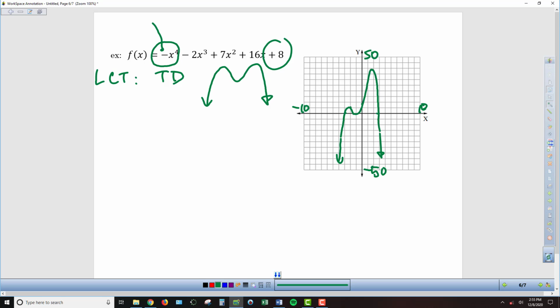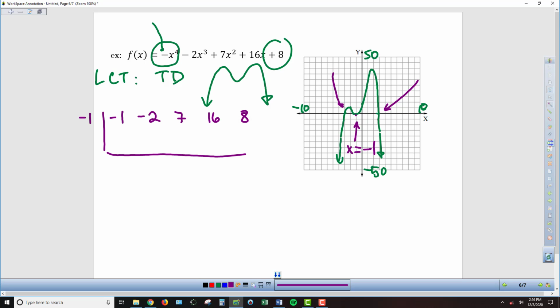But once we have that sketch, now again, it's all about trying to find the exact value, the square root value that is associated with those 2.8 and -2.8 locations, taking advantage of the one that was x equals -1, the double 0 there. So that's where we move to our synthetic division. I've got -1 as my divisor, and then I use the coefficients from the polynomial: -1, -2, 7, 16, 8.